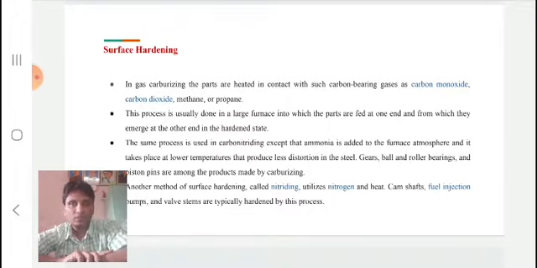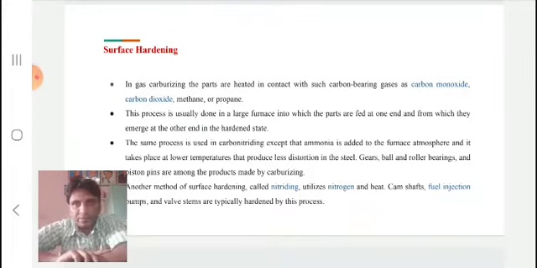So in some areas where the coke or charcoal is in contact with the steel, more carbon will get diffused, and in some areas there will be less contact with coal or charcoal or coke. Then in those areas, less carbon will get diffused.